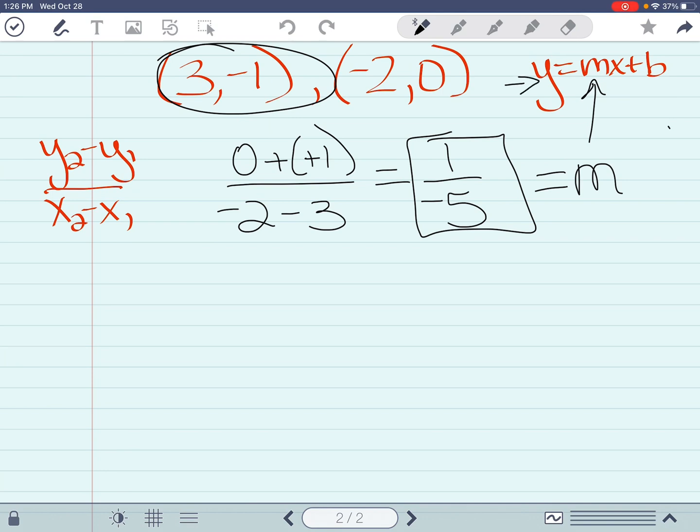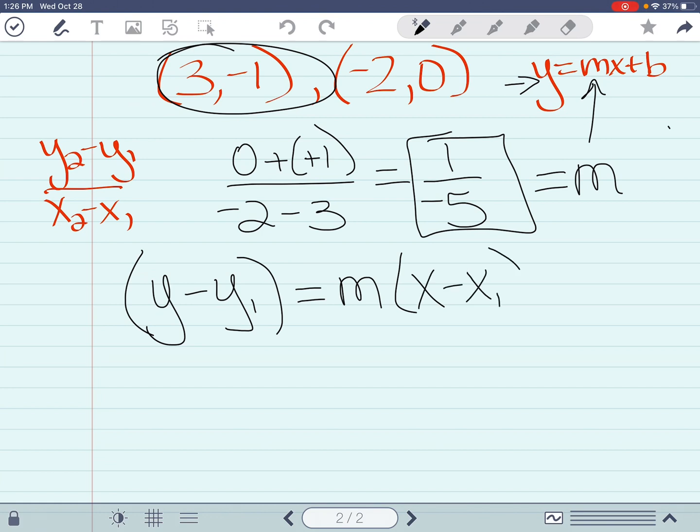All right? Or I could use the point-slope formula, which is y minus y1 equals m, or slope, times x minus x1. Now if I use this point for my x1 and y1 values, and I've got my slope, I'm going to plug that in as well.